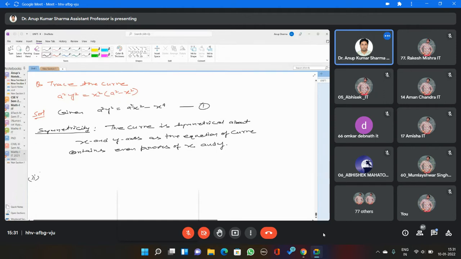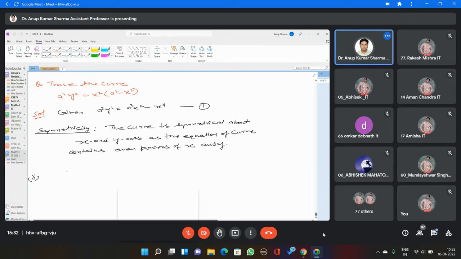Second one, after symmetry, we focus on the origin. Is the curve passing through origin or not? Obviously this satisfies it, when we take x equal to 0, y equal to 0, and this equation of curve does not contain any constant term.